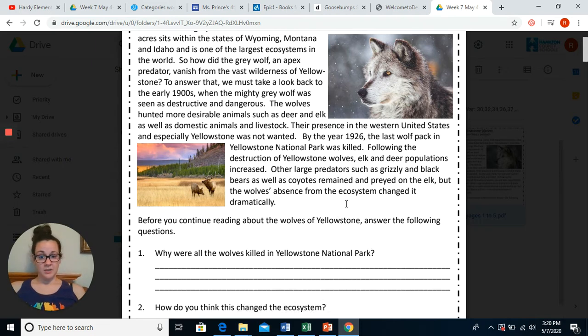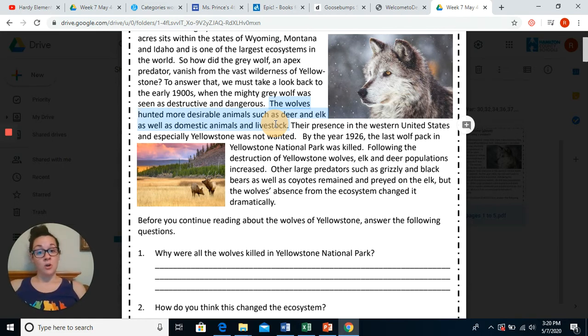Let's look back up here. The wolves hunted more desirable animals such as deer and elk, as well as domestic animals and livestock. Domestic animals means pets, animals that lived around the area, cats, dogs.